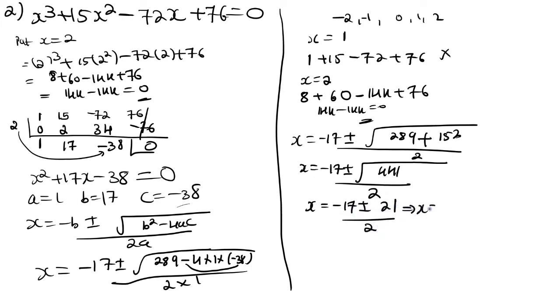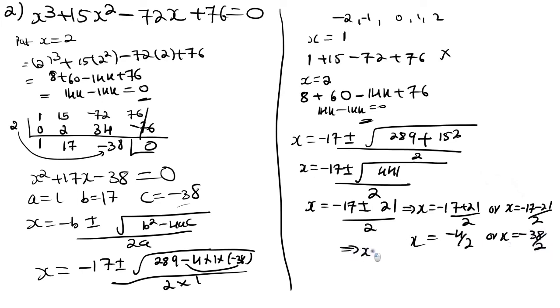This implies x value is equal to minus 17 plus 21 divided by 2, or x value is equal to minus 17 minus 21 divided by 2. So it's equal to, see, minus 17 plus 21, its value is equal to 4, right? 4 by 2, or x value is equal to minus 17 minus 21, its value is equal to minus 38 divided by 2.